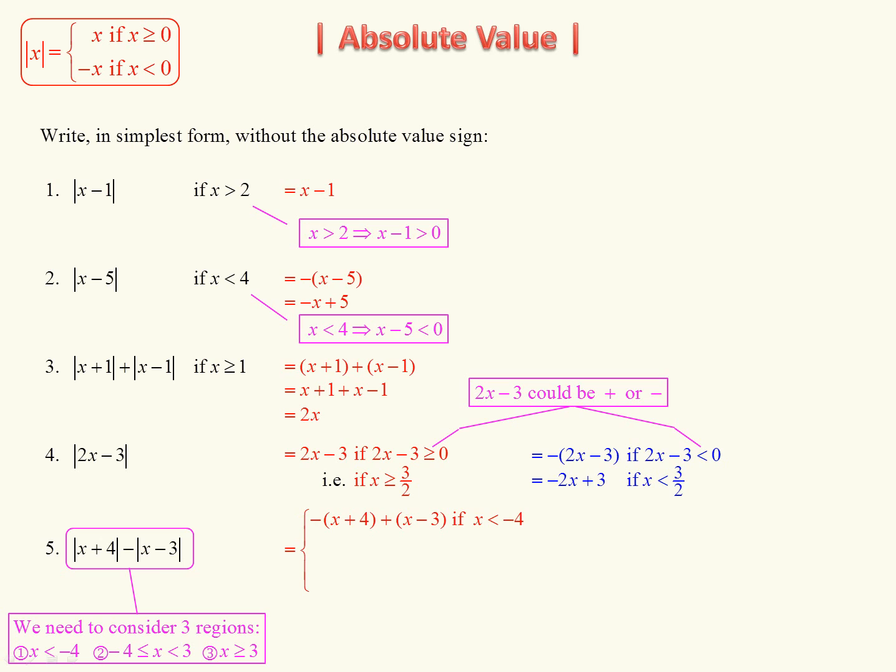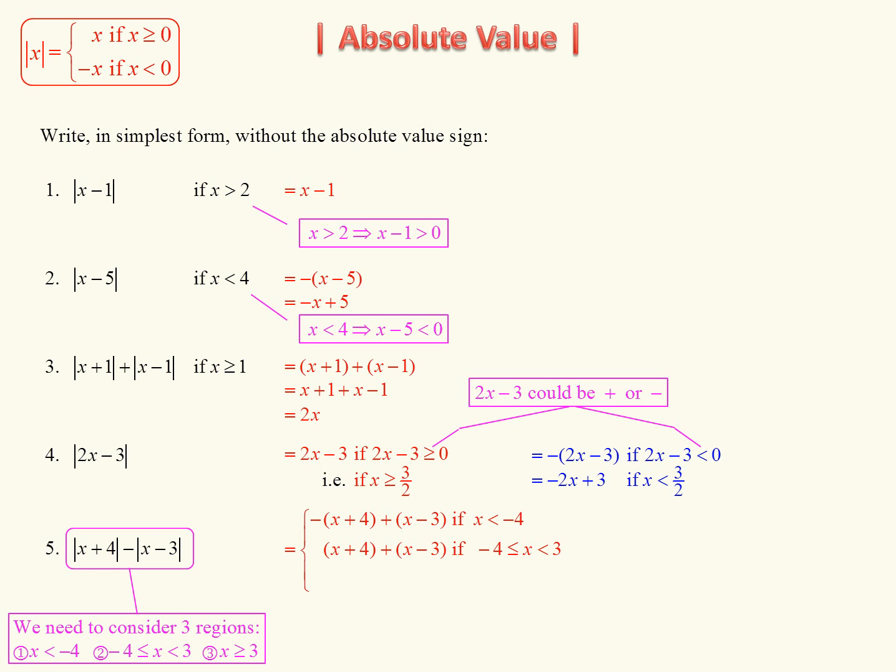Between the two, this one now is going to be positive. Anything between negative 4 and 3 will make this one positive, but that one will still be negative. So this one stays as is, and this one still has a sign change.